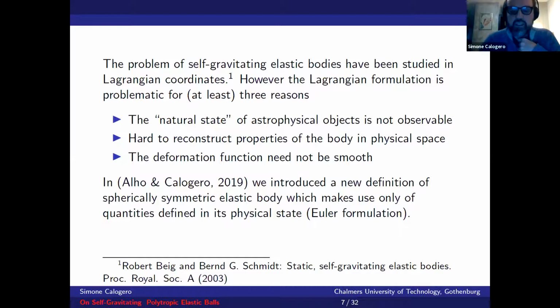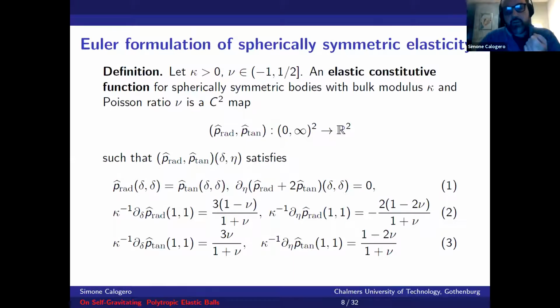The first definition, and I think this will also answer Ben's question, is what I mean by a constitutive function of a spherically symmetric elastic body in Euler space. So I assume that I have 2 given constants, the bulk modulus k and the Poisson ratio mu, which is a number between -1 and 1/2.